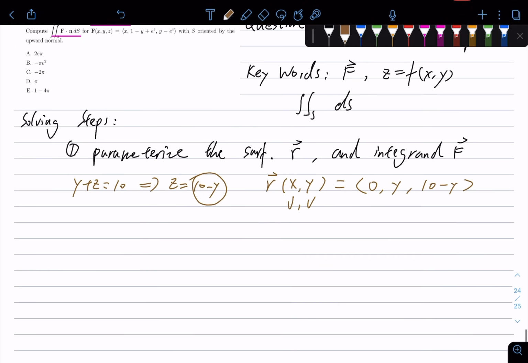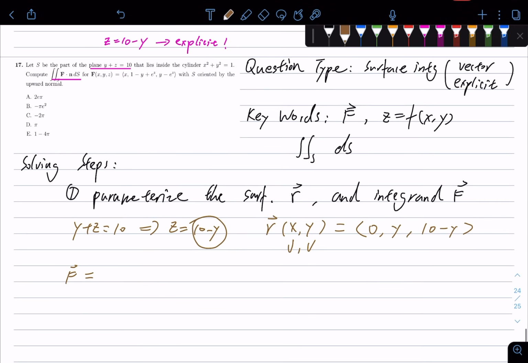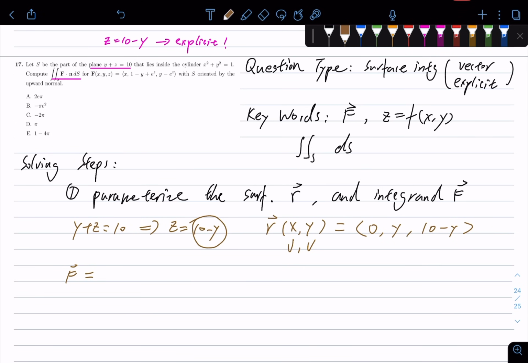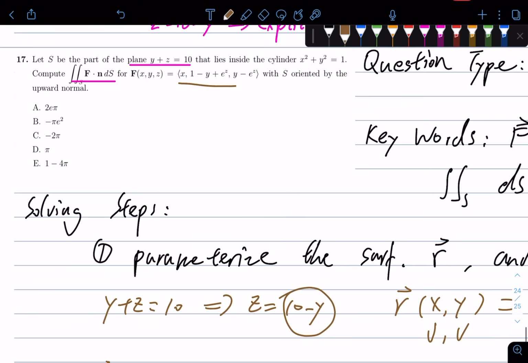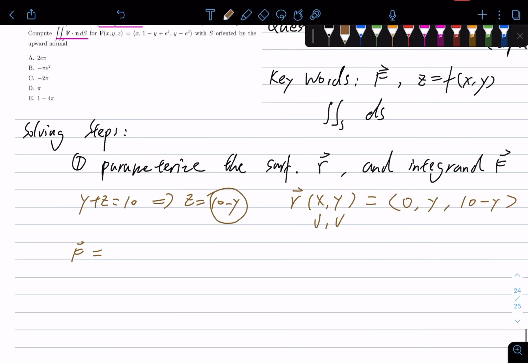And the second thing we're going to do is, sorry, my bad, there was one more thing that we forgot to do. So F, now we have r of x and y. Now we can parameterize this vector field F. We've already done it, right? The question has pretty much already done it for us because we are parameterizing this vector field explicitly. There's no need to convert any variables. So x, 1 minus y, plus e to the z, and then y, e minus z, minus e to the z.